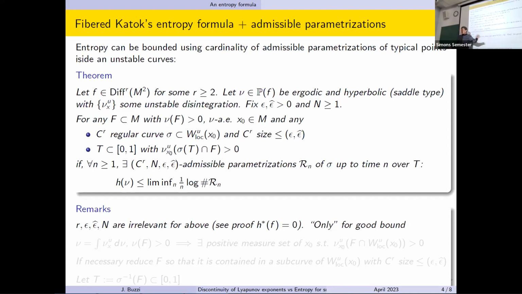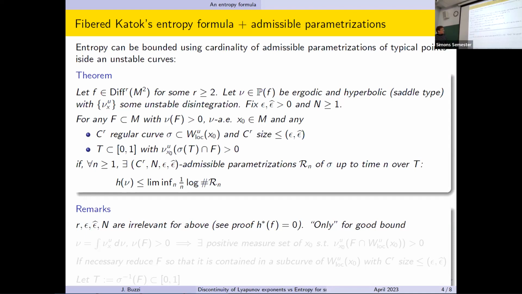Here I'm just saying that if you get a parameterization of a piece of curve with essentially positive measure, then you have a bound on the entropy. And these small pieces are small in C^R because it's a piece of unstable manifold, so it is as smooth as the map.